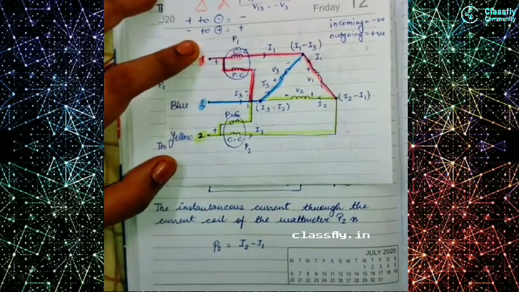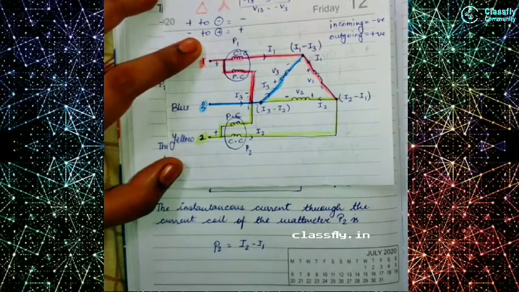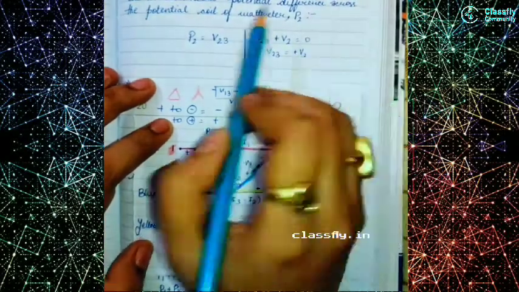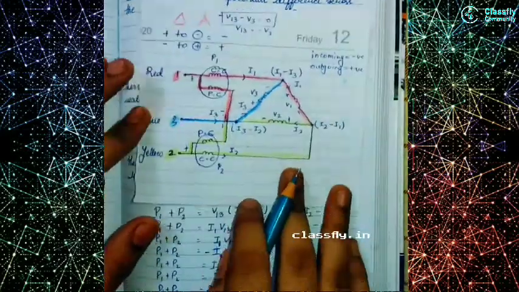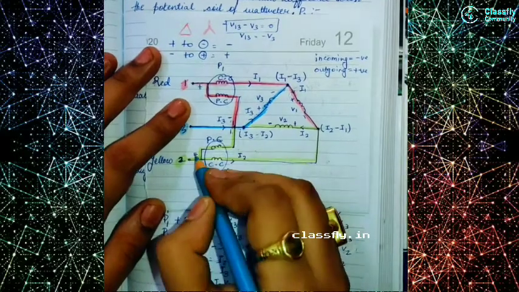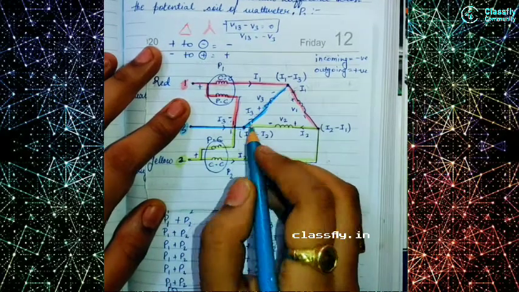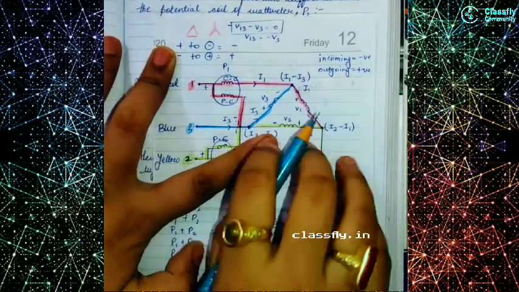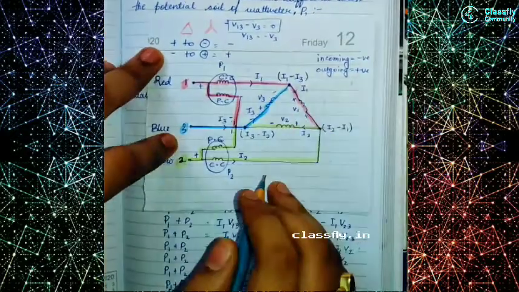Now we will find the instantaneous potential difference across the potential coil of wattmeter P2. If we represent the potential coil as plus and minus, we know that from positive to negative it will be minus, whereas from negative to positive it will be positive.